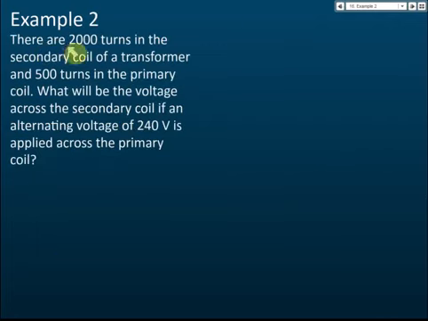Example 2. There are 2000 turns in the secondary coil of a transformer and 500 turns in the primary coil. What will be the voltage across the secondary coil if an alternating voltage of 240 volt is applied across the primary coil?